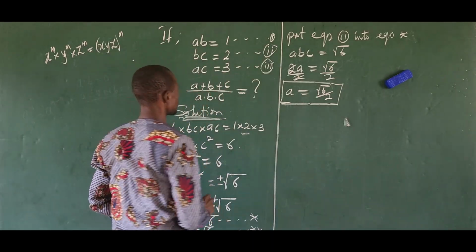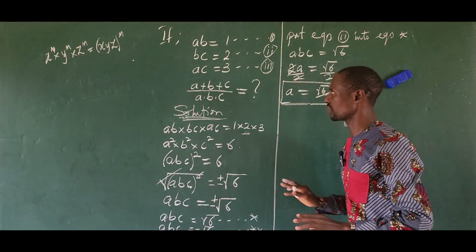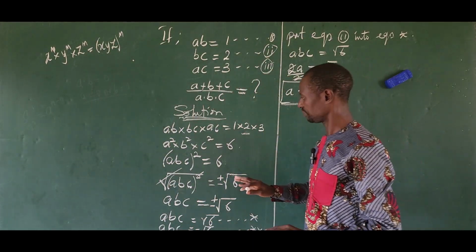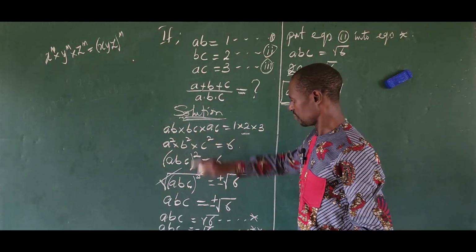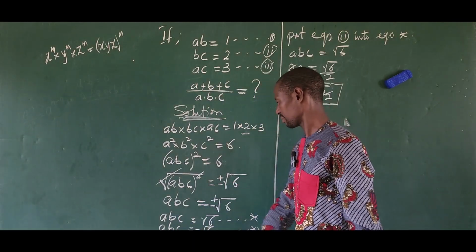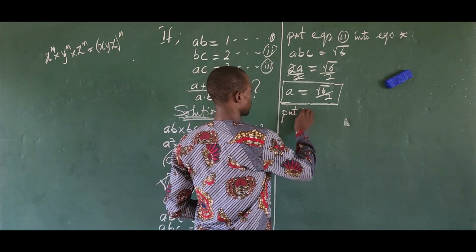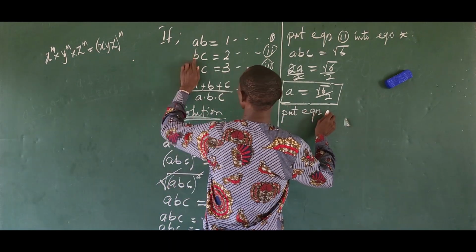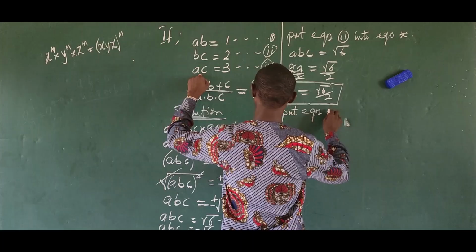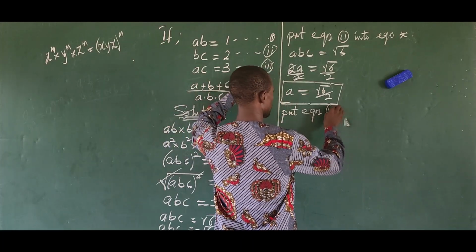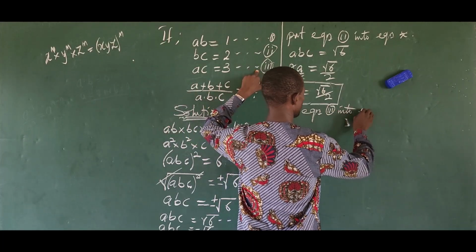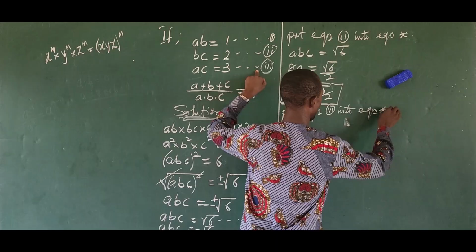So we do that to get our B. Let's see how we get our B. So we have AC, we put AC here, then B will come out. So we are putting equation 3 into equation star.